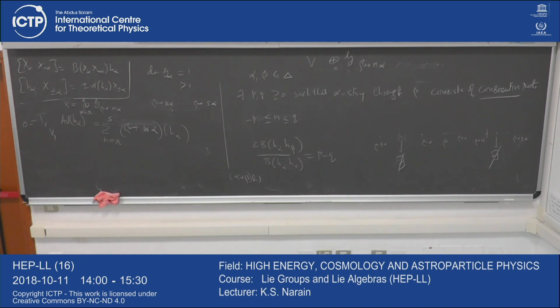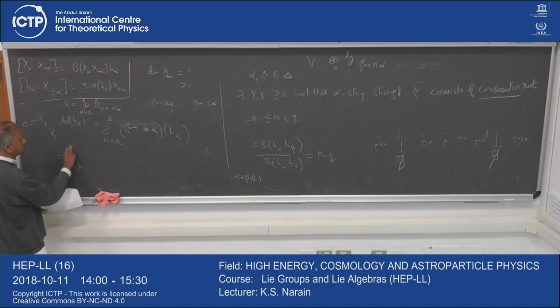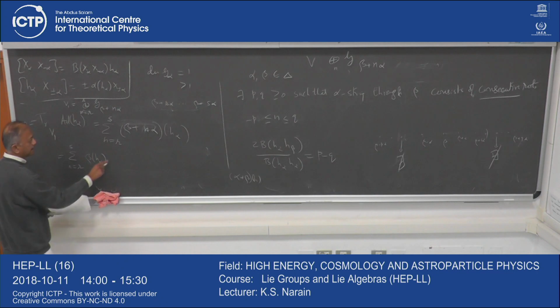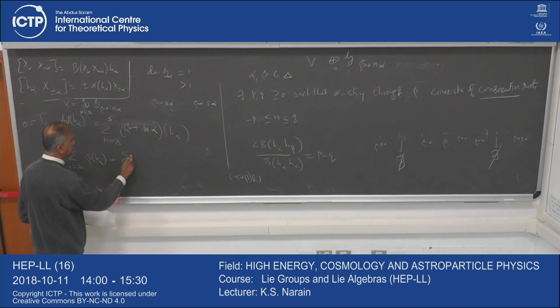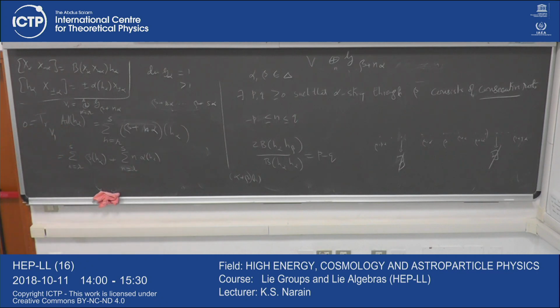So what does it mean? We can just evaluate that. The first term is the sum over n from R to S of beta of H alpha, plus the sum over n from R to S of n alpha of H alpha. The first does not depend on n, so I can take it out: it is beta of H alpha times the sum of 1.